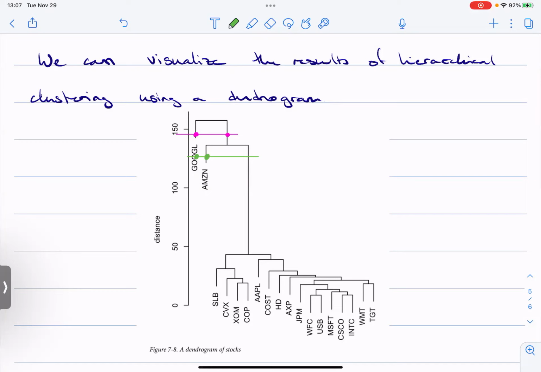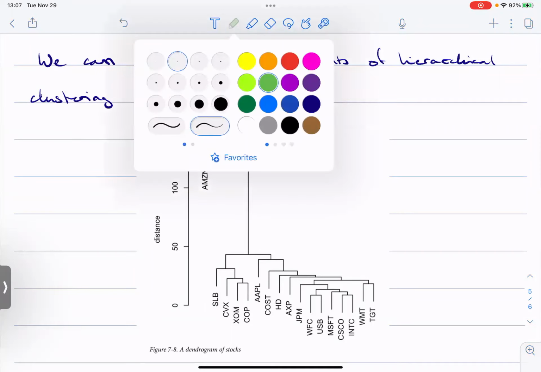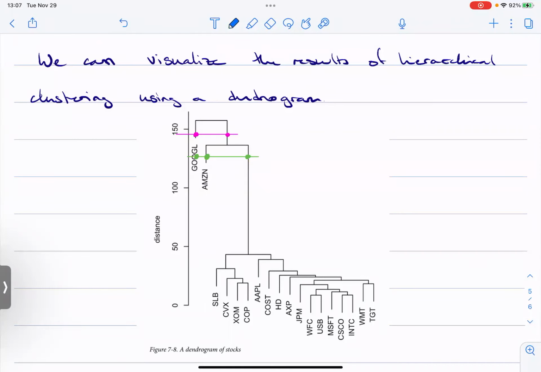And that's what I find kind of confusing. I wish these lines went all the way down. I think that would be more helpful, but they don't. Amazon would be its own cluster and then everyone else would be its own cluster, right? And so you can keep going and you can draw a line at some point here, right?